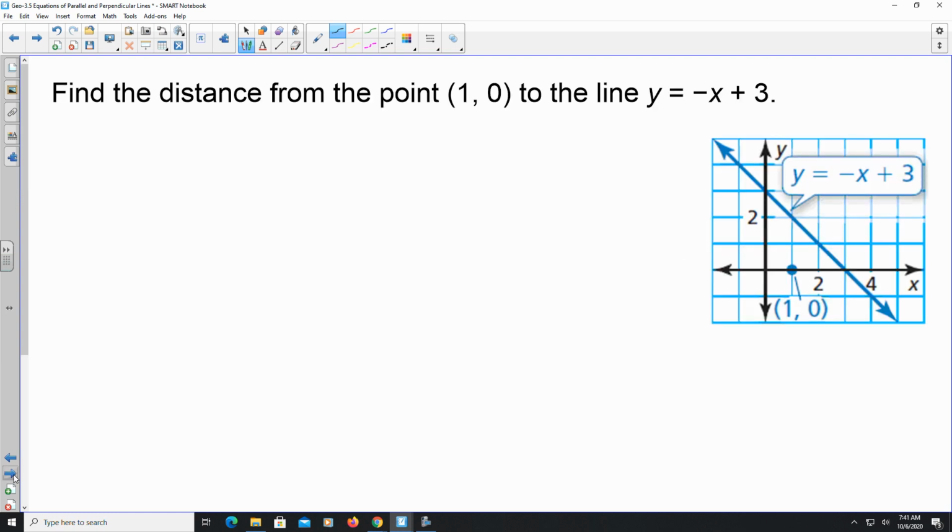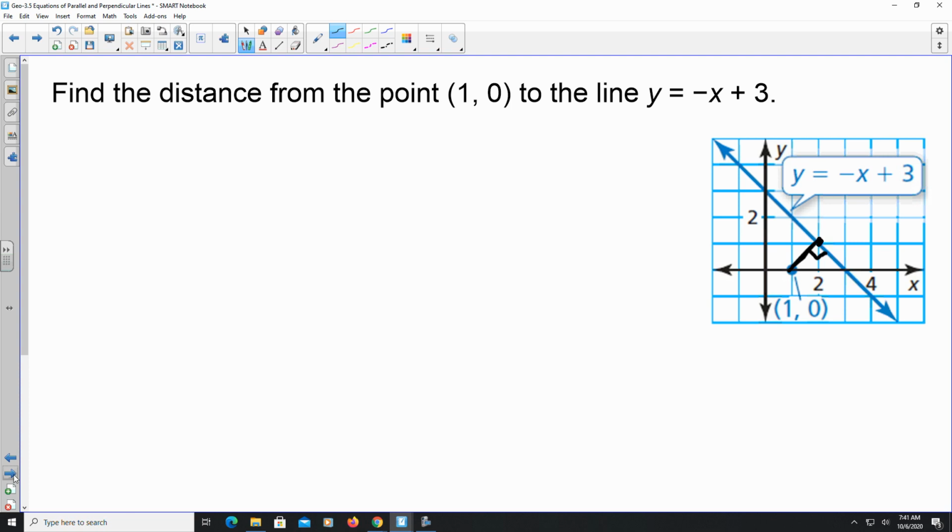The last thing we're going to look at is that they want us to find the distance from 1 comma 0 to the line y equals negative x plus 3. As we talked about in a previous lesson, the distance must be perpendicular from the point to the line.